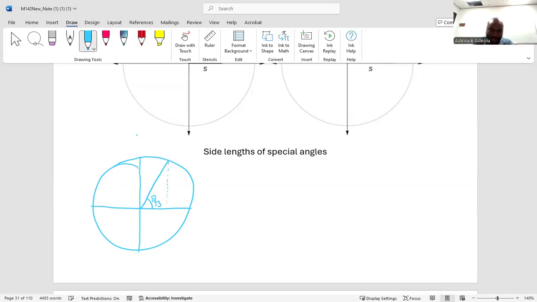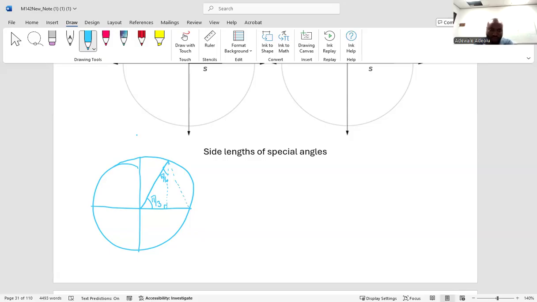Now, I can have something like this. If this is pi over 3, then here will be pi over 6, that is 30 degrees, since pi over 3 is 60 degrees.